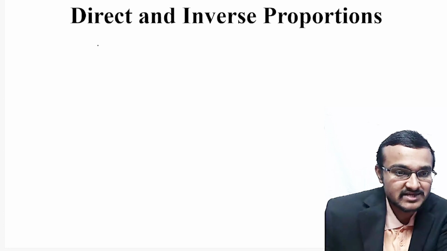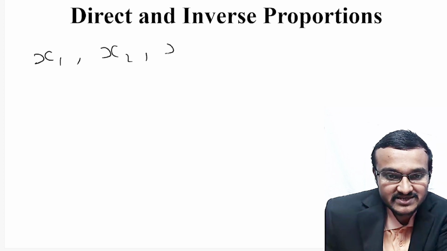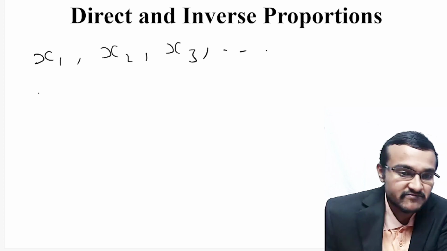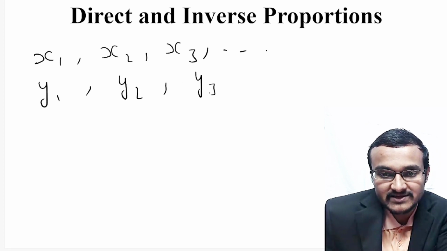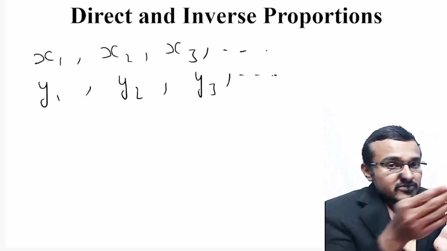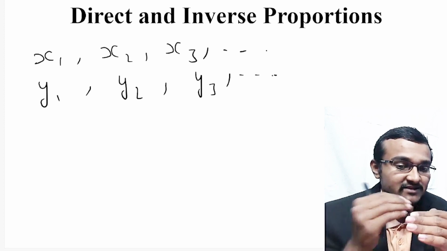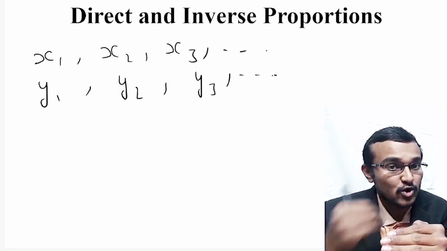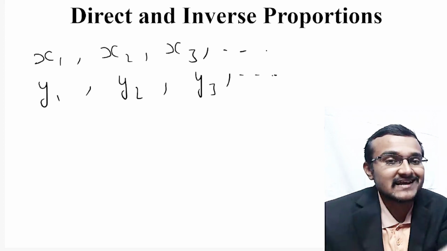Inversely proportional means if you have X1, X2, X3 values, you have different X values, and similarly different Y values, Y1, Y2, Y3. The variation of one physical quantity happens at the same rate as the variation of the other, but they are inversely related to each other.